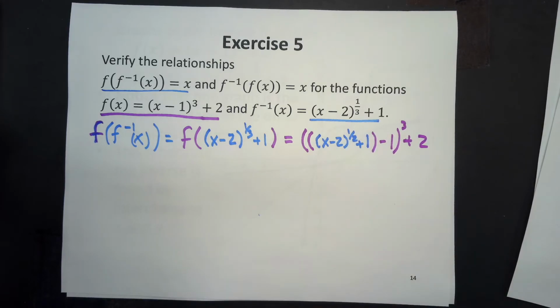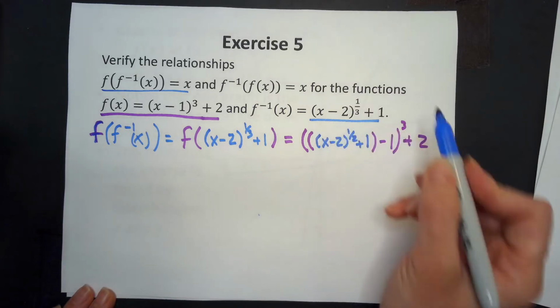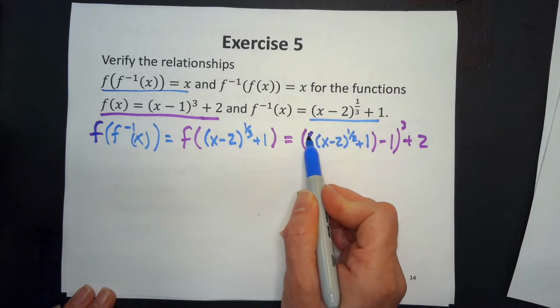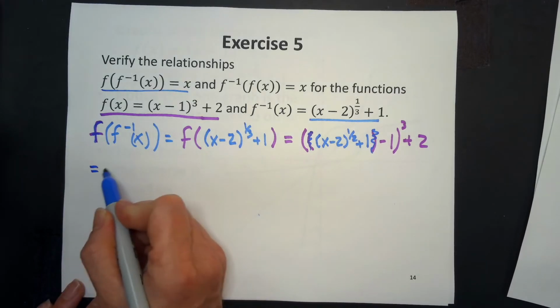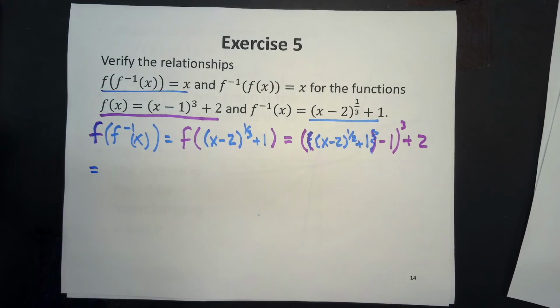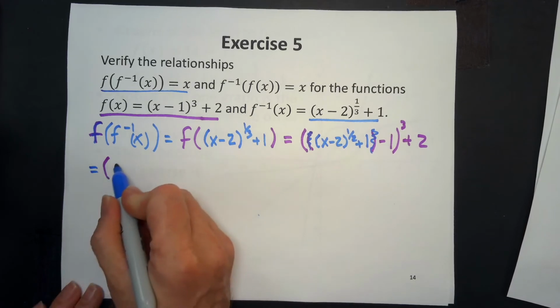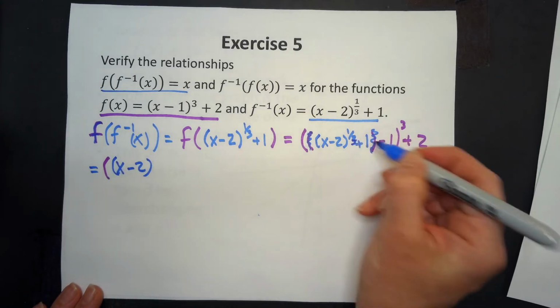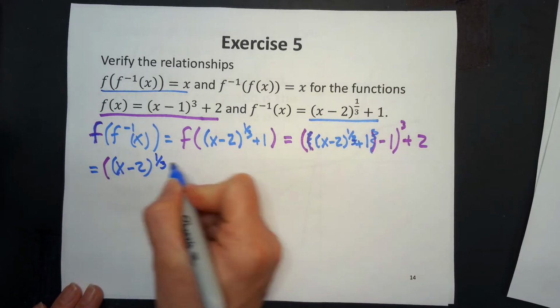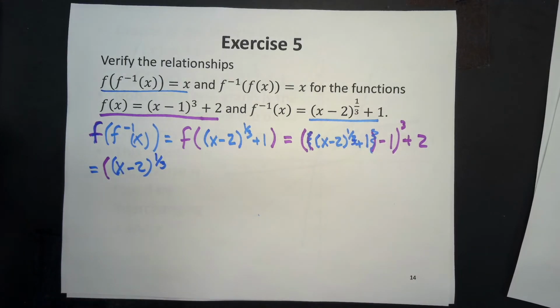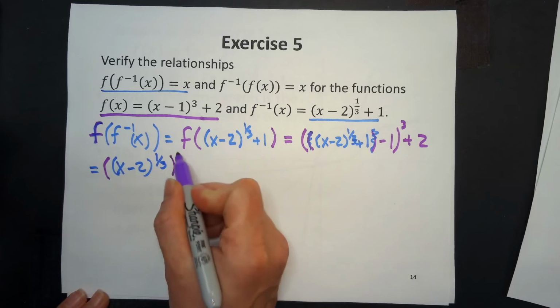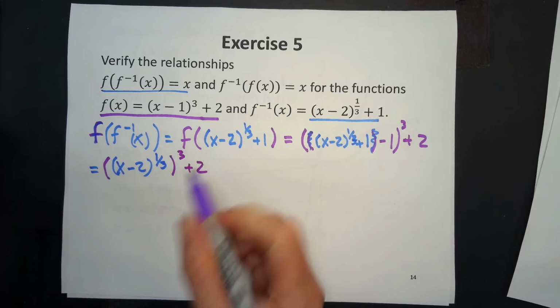And then we're going to start getting rid of our parentheses and doing the math here. So I'm going to take away these parentheses right here, and when I do that, I get (x minus 2) to the 1/3, and the plus 1 and minus 1 cancel out, so that's the end of that function. And then I'm going to have all this raised to the third plus 2.